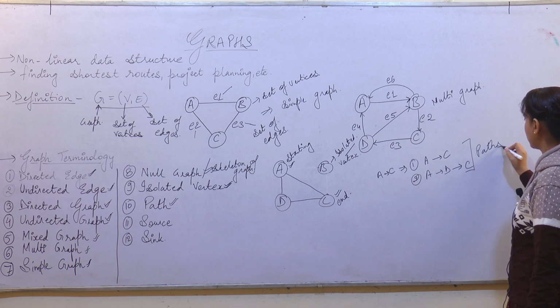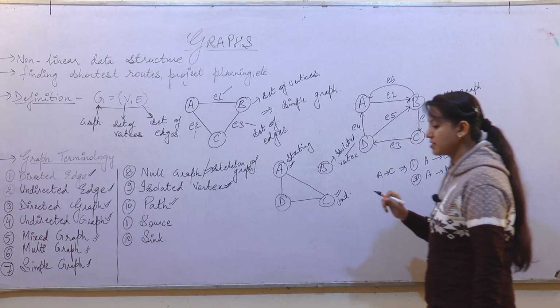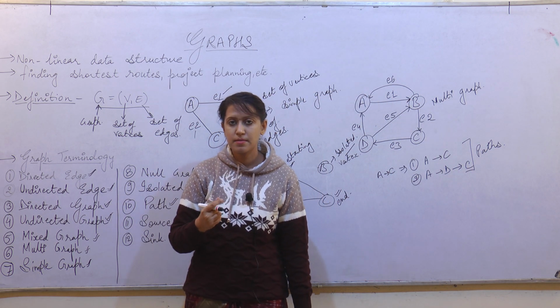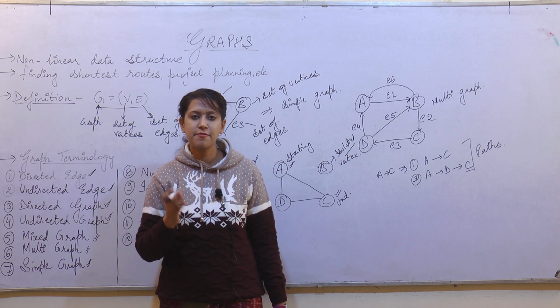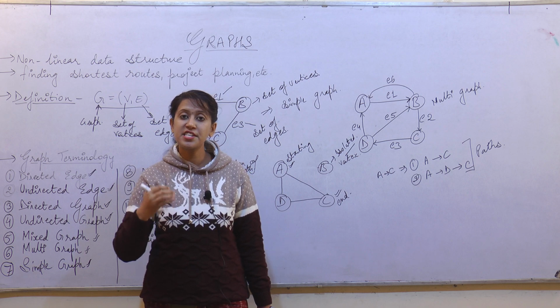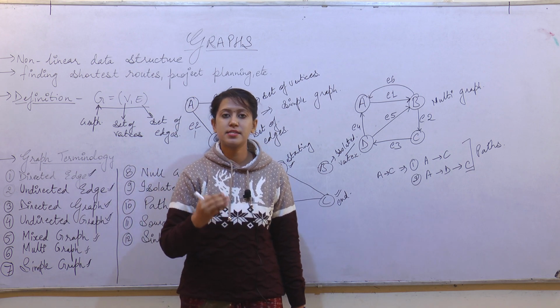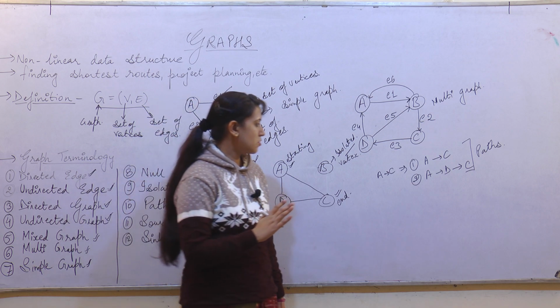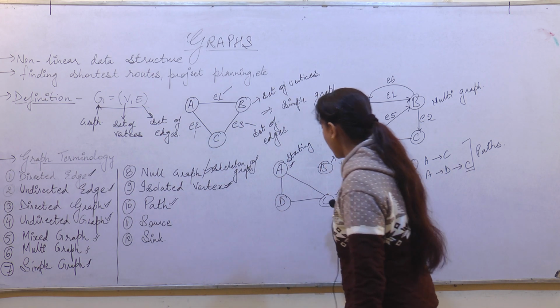A path is nothing but the route we take from the starting node to reach the destination node, or the ending node, of our graph. So this is the meaning of path.